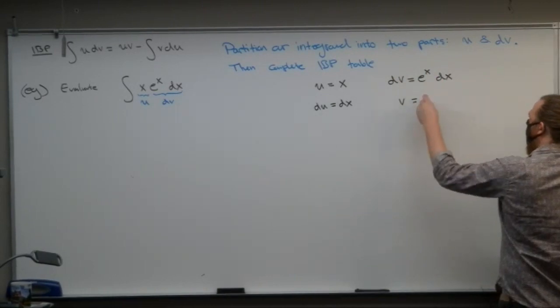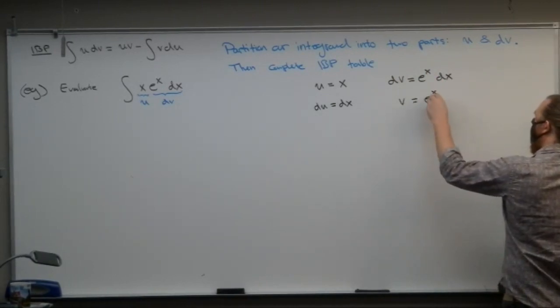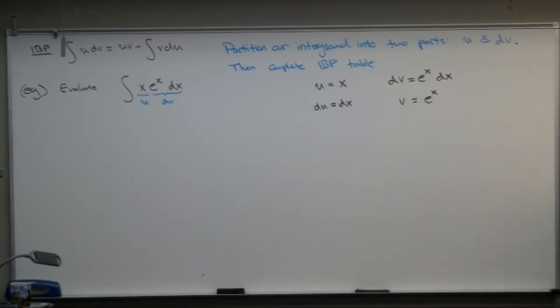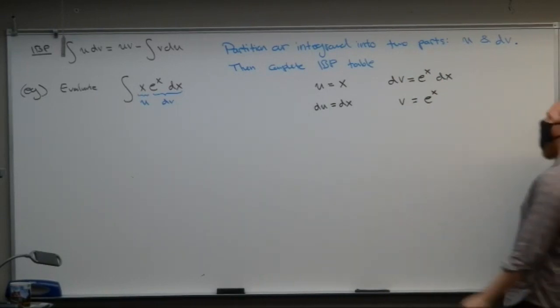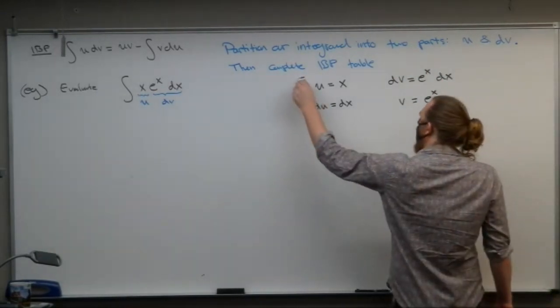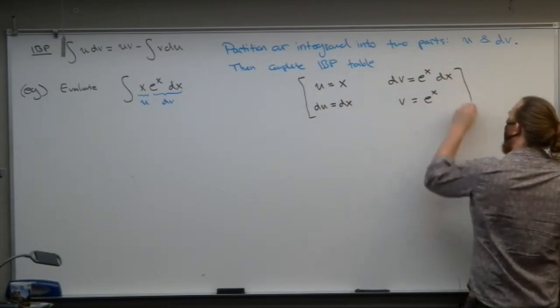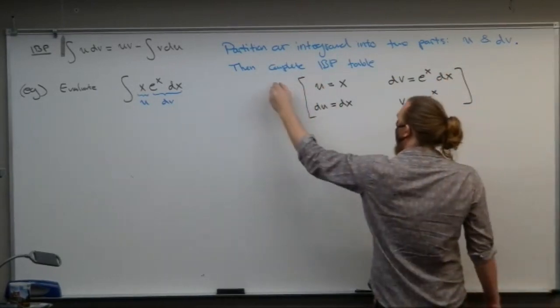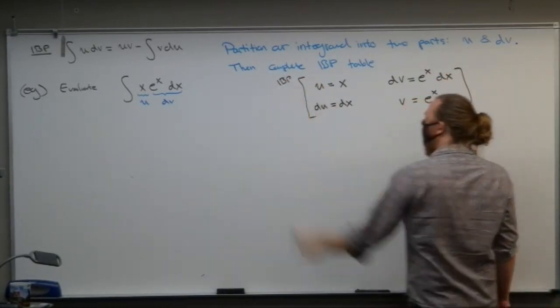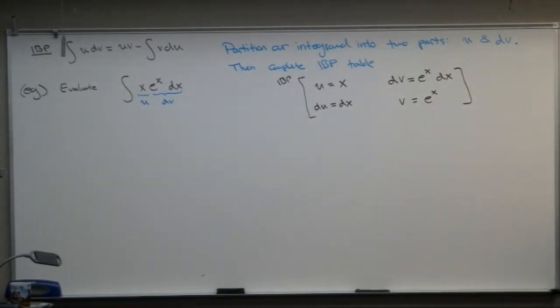Integral of e to the x dx is e to the x. Notation wise, I like to put this in a little thing, and I like to label it with letters IVP so my reader can tell what I'm doing. And now you just plug into the formula.